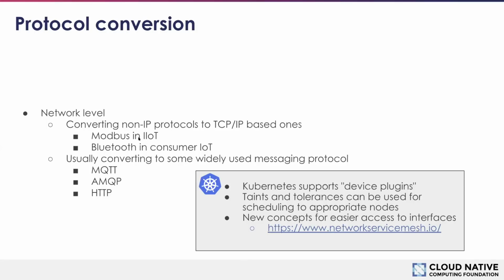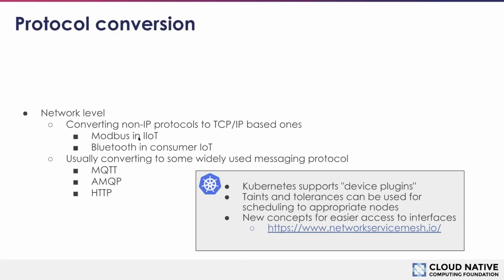And send that data to be processed further down the stack. So as I said, one of the couple of things that Kubernetes provides as lesser-known features to do this is device plugins.